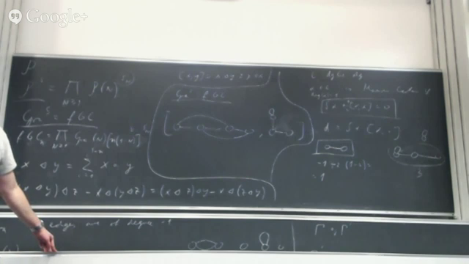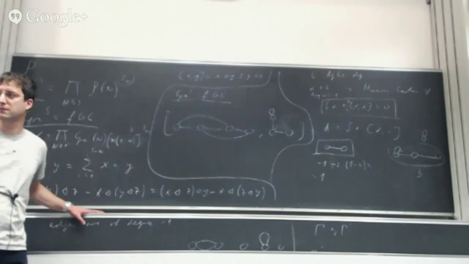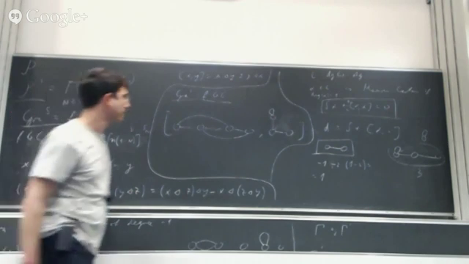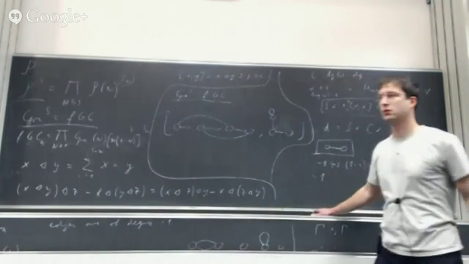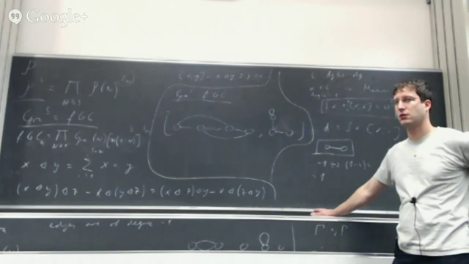Yes? Can I ask you something? Maybe I didn't understand it on the level of this. So if you plug in alpha and alpha for x and y, and you have degree 1, isn't it then always 2?